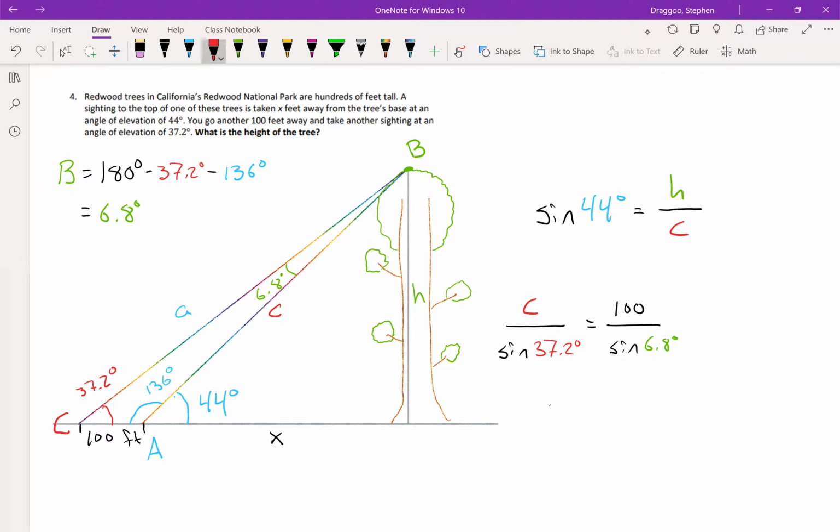So that gives us that C is equal to 100 times the sine of 37.2 degrees divided by the sine of 6.8 degrees.